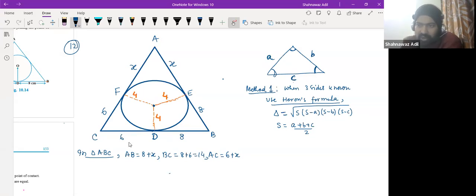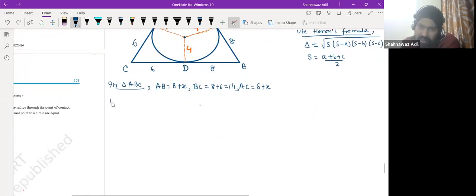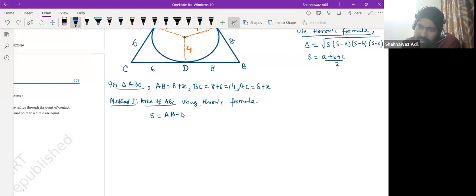So let us find out the area of ABC using this method. What would S be? S would be AB plus BC plus AC by 2.